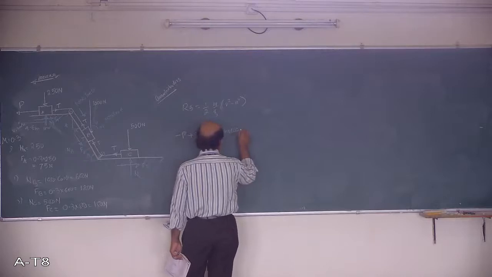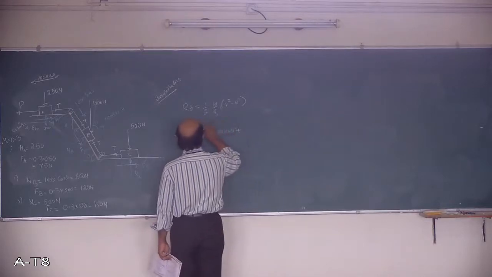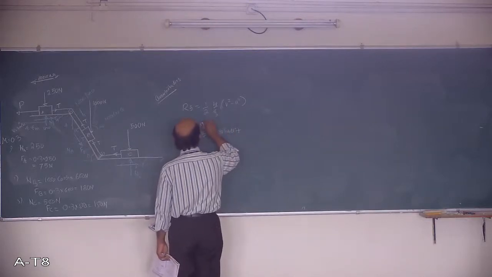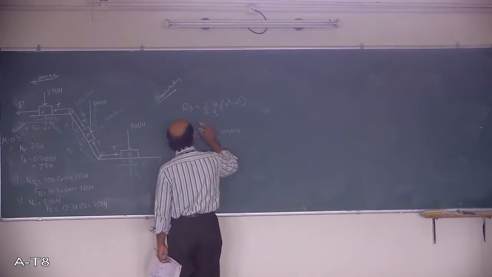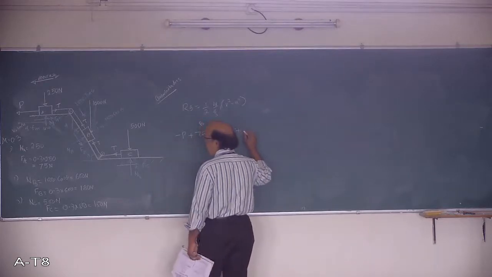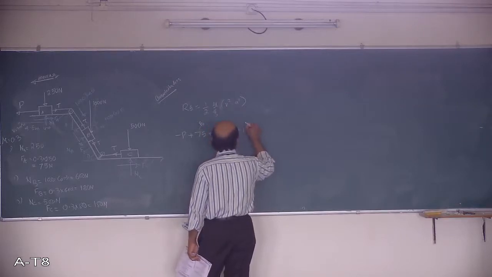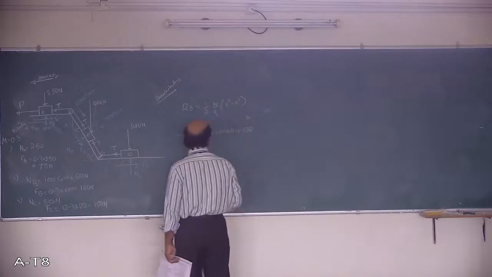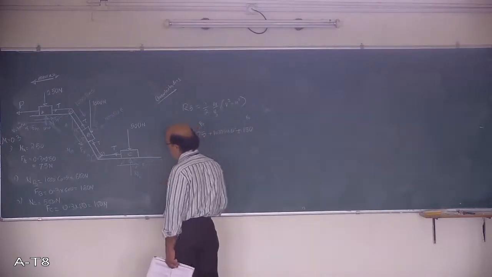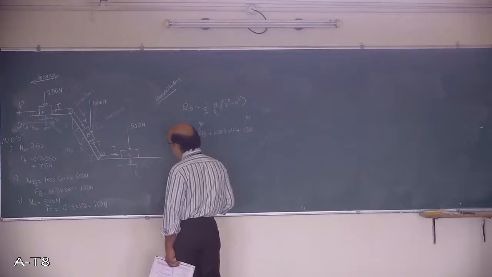FB, plus this is FA. I will write in short FA, and this is FB also in the direction. FB is 180 Newton. I will write FB in short here so that you understand where it comes from. Those are acting here, and come to this block C.